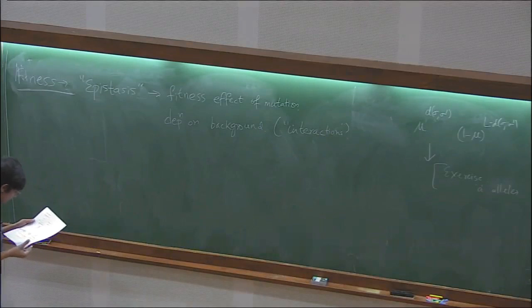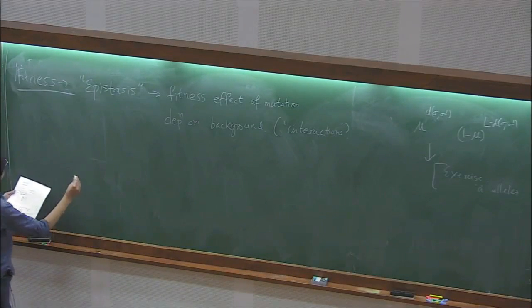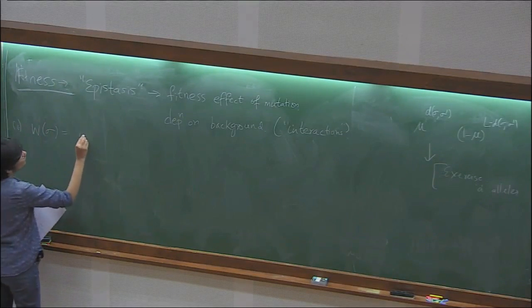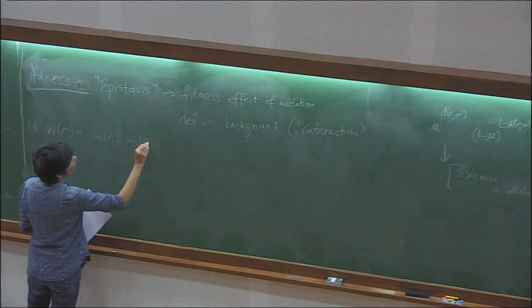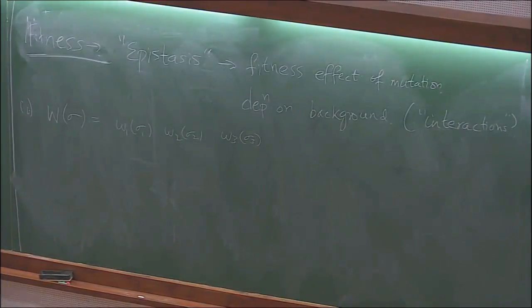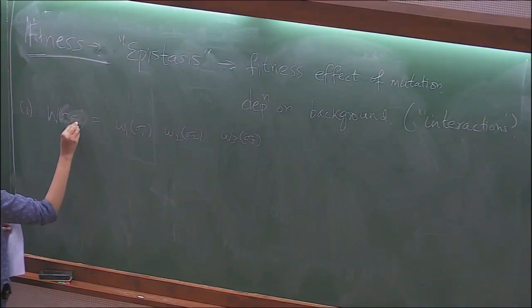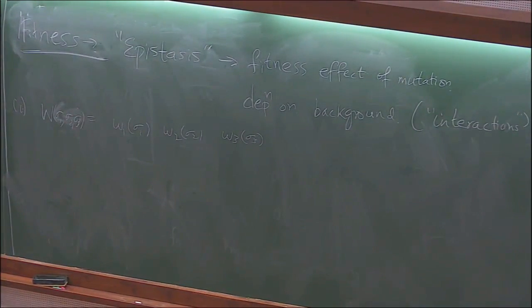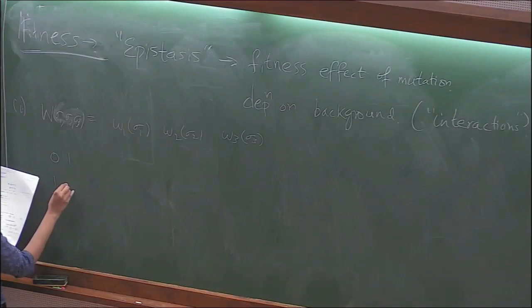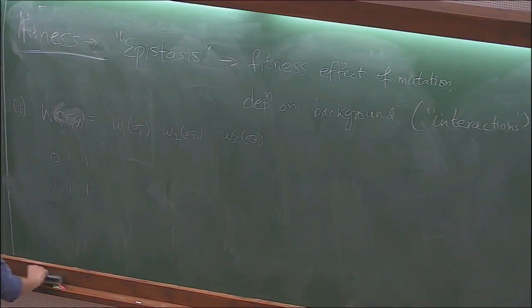So let me give you an example of what I mean. Suppose I give you a fitness scheme of this kind, with three loci. I have built a model of fitness for a sequence, and this is my model to start with. If I have something like this, this 0 is becoming 1.